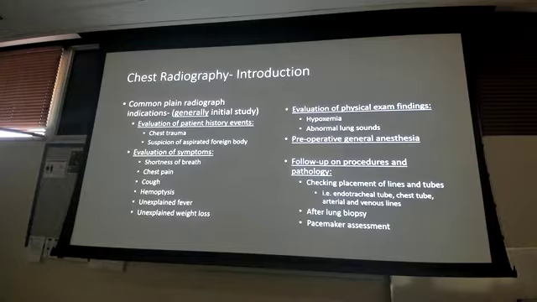When you put an OG tube in, whenever you put a central line in, the lines have a very mildly radio-opaque material in the tubes, intentionally designed to allow you to see exactly where they're at in the trachea, in the stomach, wherever you're trying to go with it to make sure it's placed properly. Chest x-rays are done for that often. Pacemaker assessment, self-explanatory. After lung biopsy, self-explanatory. We want to make sure we didn't cause any damage by getting that lung biopsy.